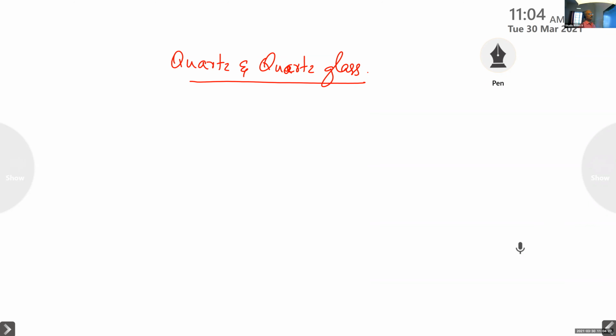I shall repeat the difference. We are starting with silica, silicon dioxide, SiO2. It is melted. Then molten silica is suddenly cooled, sudden solidification with the formation of quartz glass.